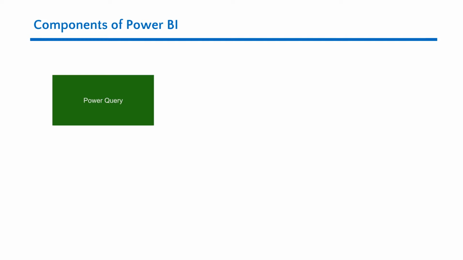So you can fetch data from files such as CSV, your text files, your Excel files, and Power Query gives you a graphical user interface to transform the data as you need. You can add columns, you can change the data types, you can do some transformations for date, time, even text, and many more operations are available with Power Query.